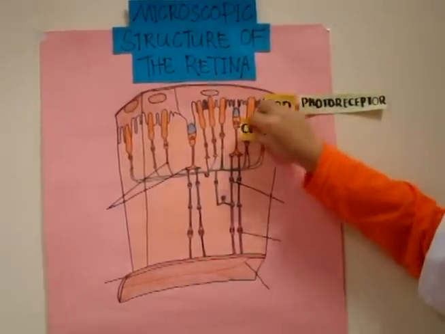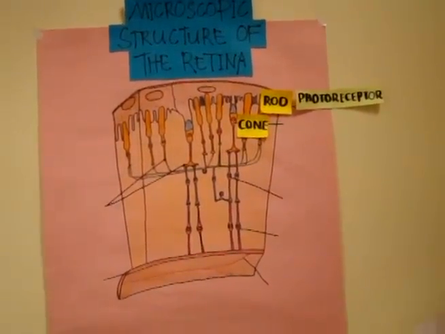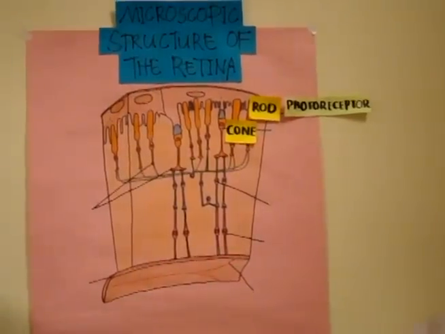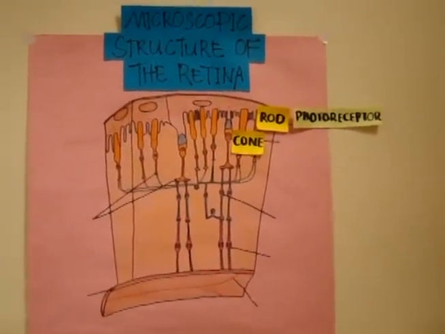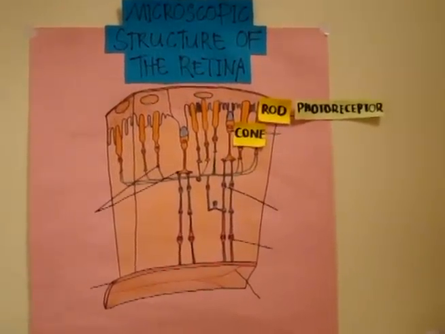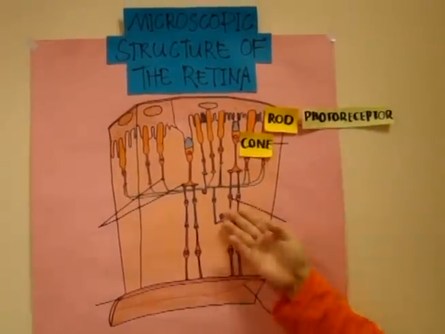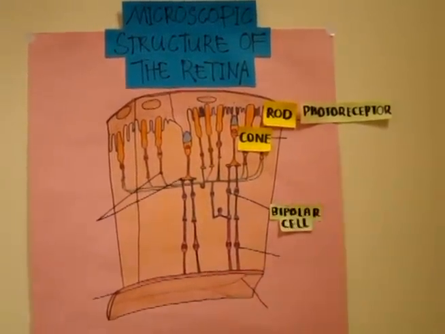The rods are for seeing shades of grey in dim light, while the cones give rise to highly acute color vision. There are 3 types of cones in the retina: blue cones, green cones, and red cones. So what is this? This is the bipolar cell.